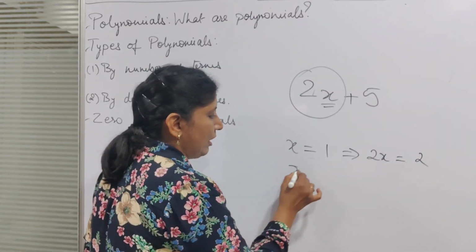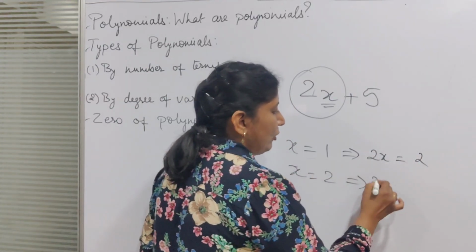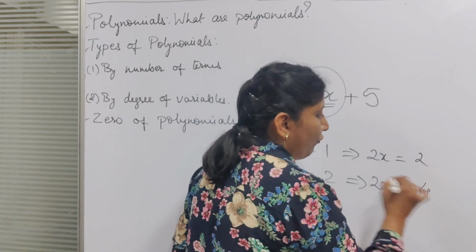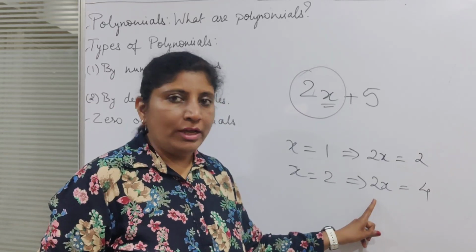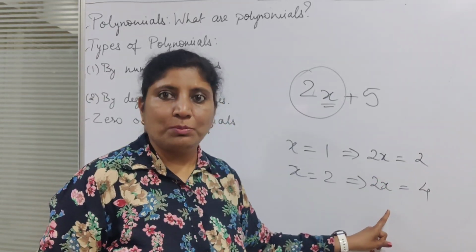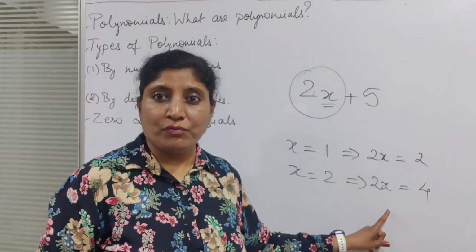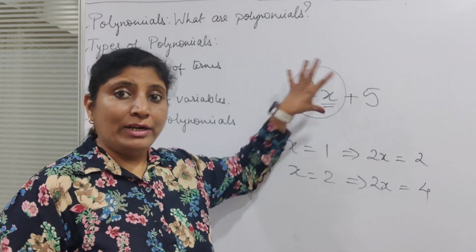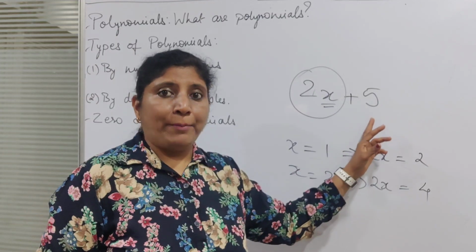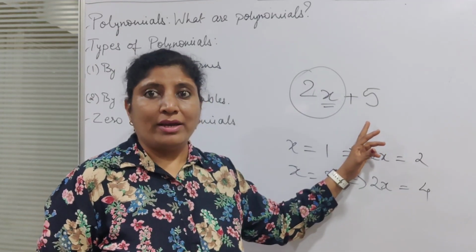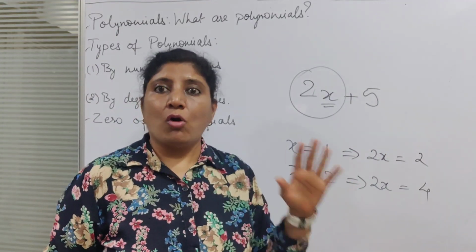If my x is 2, then 2x would become 4. So I am not changing the value of 2. Only value of x is getting changed. But because of this change in value of x, the value of entire term also changes. Alright? Now that does not happen here because there is no variable here. 5 is a constant number.